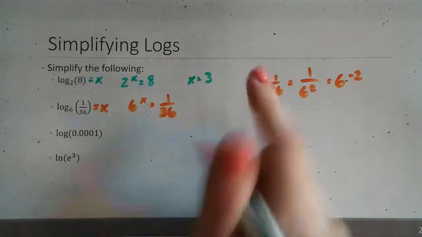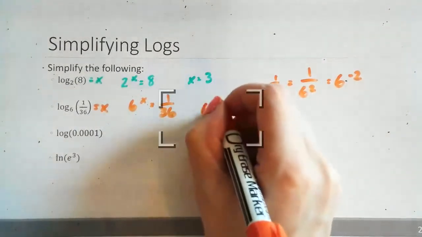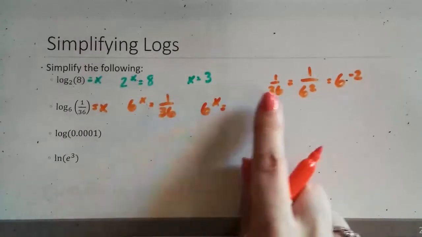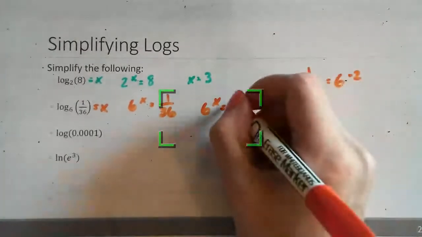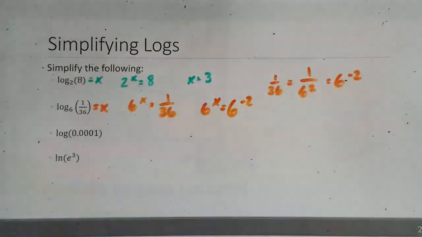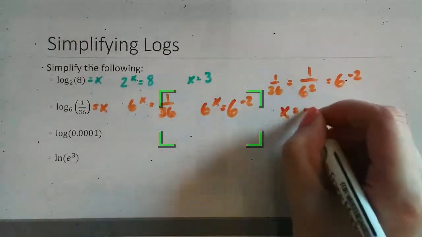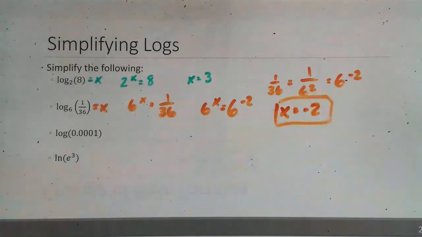So if I go back to this equation that I have, that would be 6 to the x power is equal to 1/36. But we said that 1/36 is 6 to the -2. So if 6 to the x is equal to 6 to the -2, then we get x equals -2. So log base 6 of 1/36 is equal to -2.